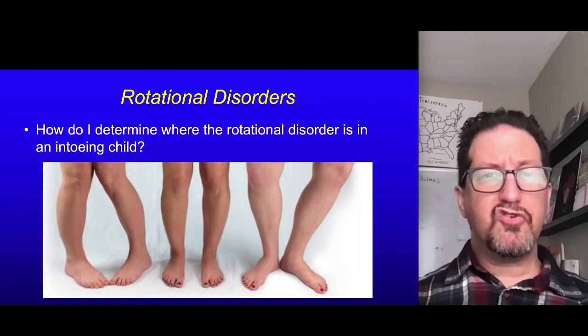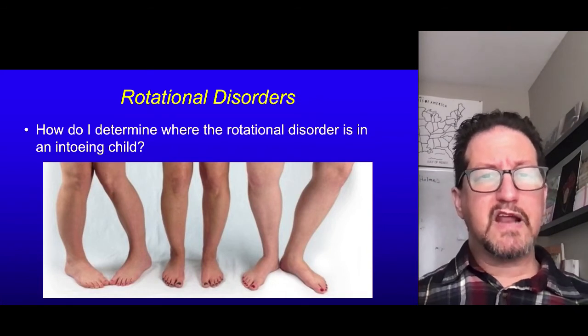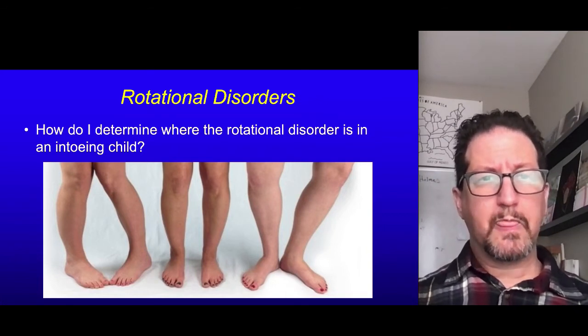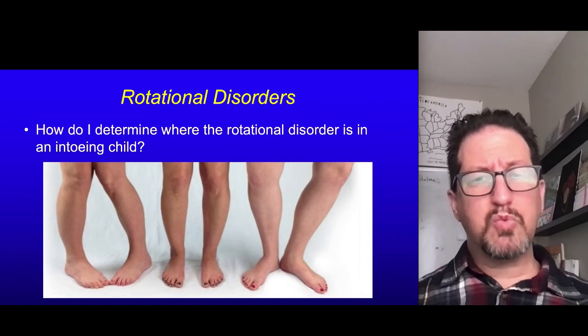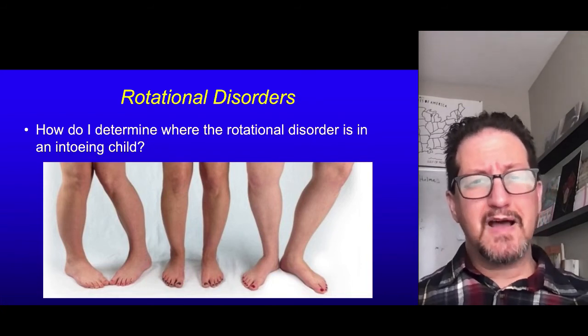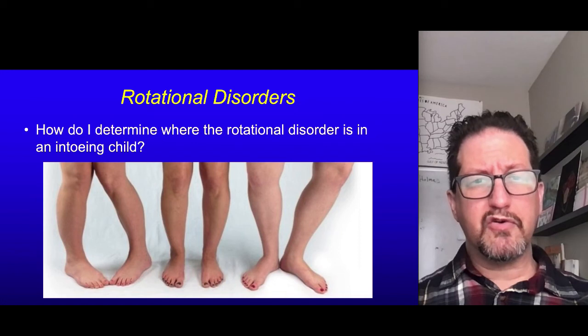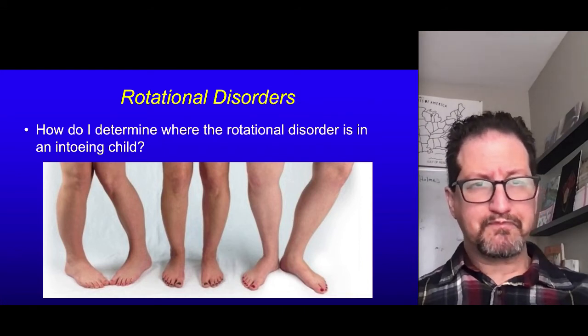They could have internal tibial torsion, which is obviously from the tibia, and then they could have metatarsus adductus. When you do your exam, you're going to examine each one of those to see where this comes from. And remember, it might not be just from one level. You could have multiple levels of rotational disorders, and all of them might have something to do with the problem.